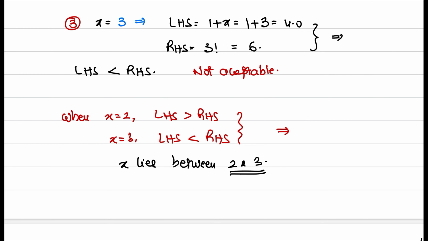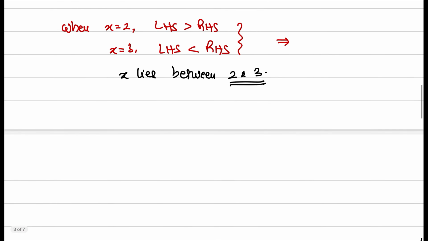Neither exactly 2 nor exactly 3. It lies between 2 and 3 because there is a sign change in the difference of left hand side and right hand side. That is one conclusion we got: x lies between 2 and 3.